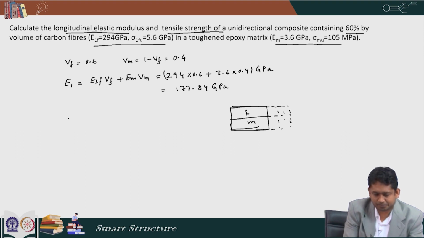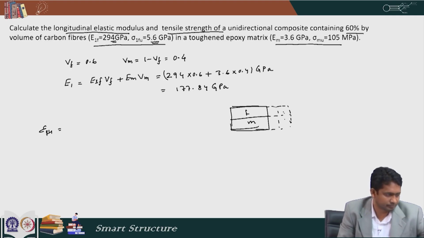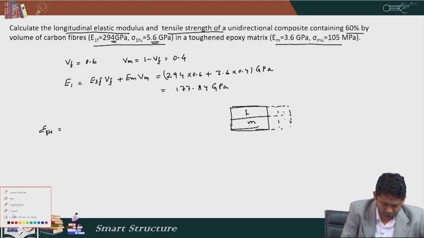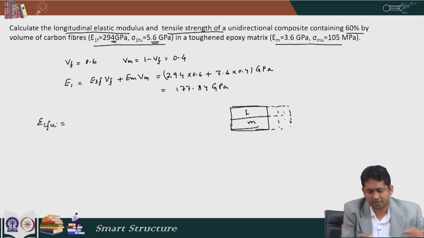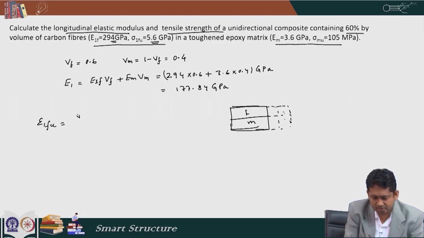Now, we know the ultimate tensile stress in the fiber and its corresponding Young's modulus. So, the ultimate tensile strain for the fiber is sigma 1Fu divided by E1F.